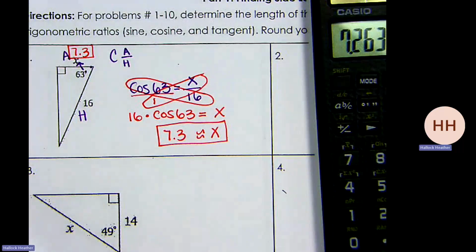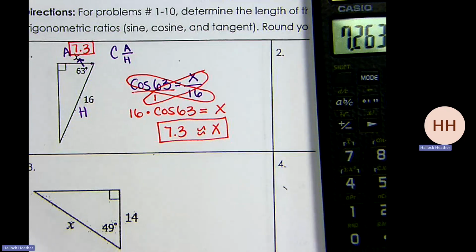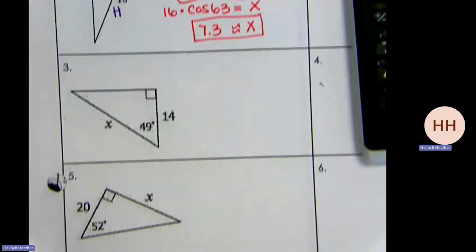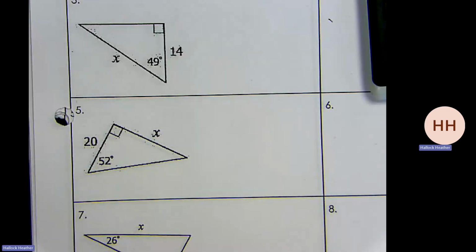Okay, so we are going to do another one together. Let's jump to number 5. Let's just skip number 3 for now. There's specific problems I like to do. So number 5, we need to decide what we have, and then we need to pick if we're using sine, cosine, or tangent. So for number 5, I would start by deciding, do I have a hypotenuse?